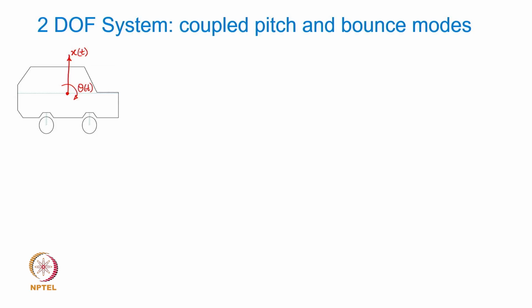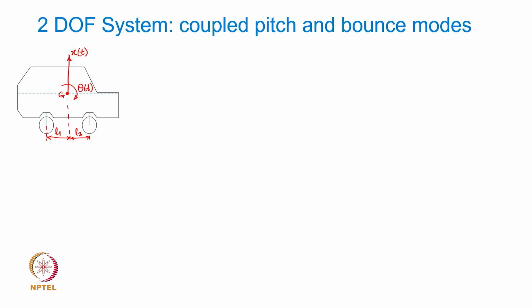Okay. So, now this chassis has, let us say, a CG located here, and as a general case, let me assume that the position of the suspensions from this CG, the rear one is at L1 distance, the front one is at L2 distance. Okay.